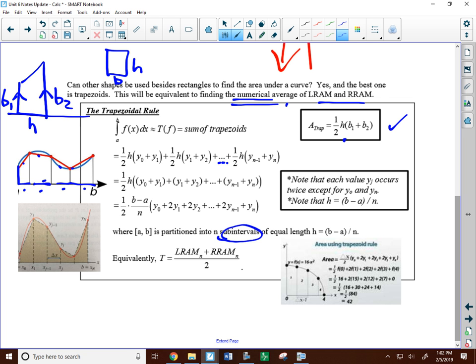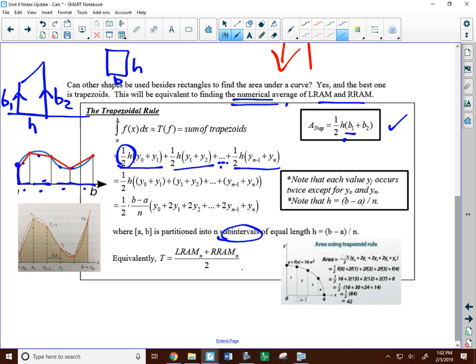Here's trapezoid 1, 1/2 height. I put in y because the y values will be the bases. Here's trapezoid 2, trapezoid 3, trapezoid 4, however many there are. Here's the last trapezoid.